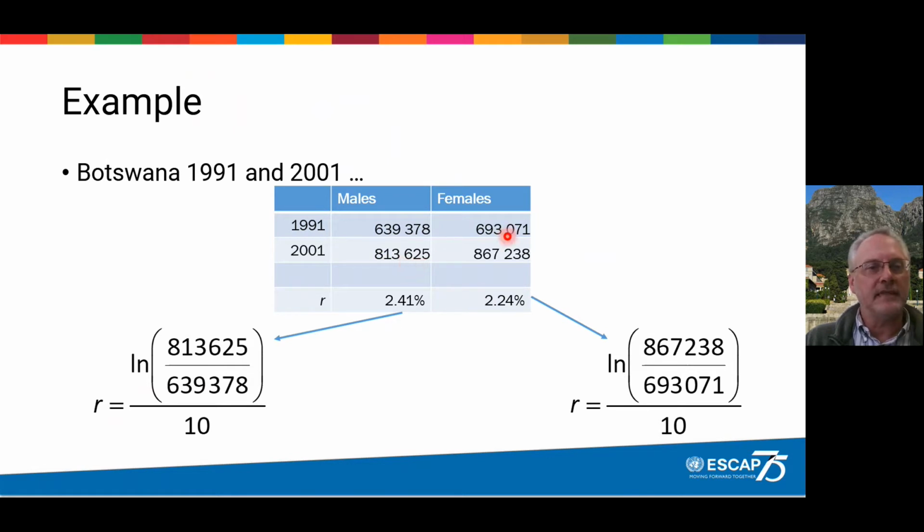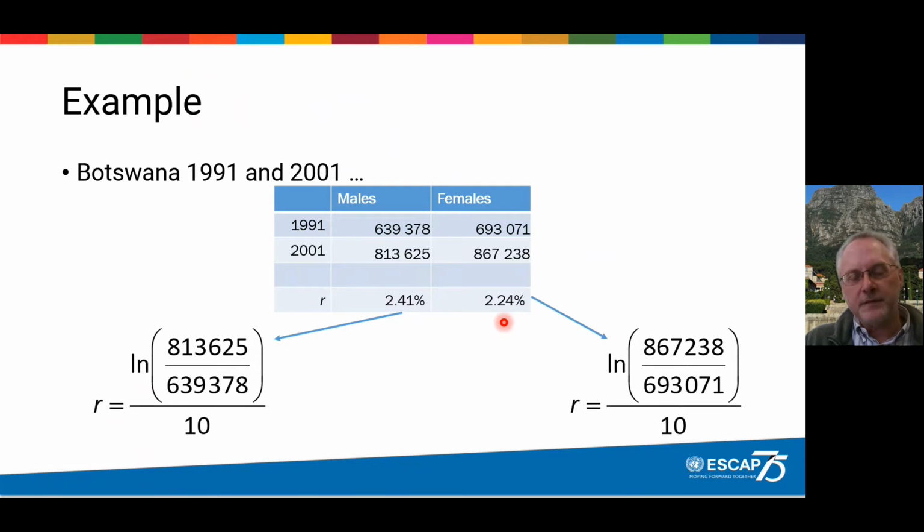Likewise, the number of females in the Botswana population grew from 693,000 in 1991 to 867,000 at the time of the 2001 census. And using the information on males, those two numbers there, we can get a measure of the growth rate in the male population between 1991 and 2001, which is revealed to be 2.41%, and equivalently 2.24% for females.